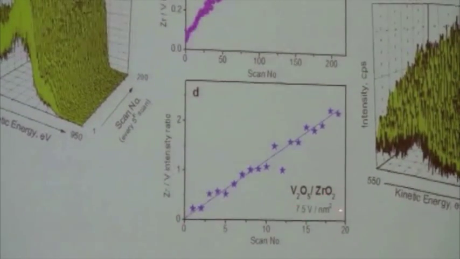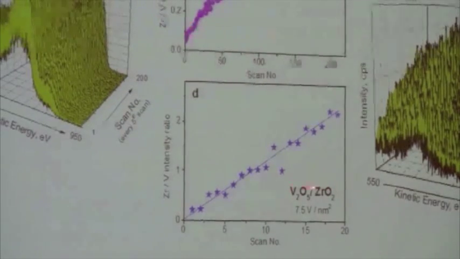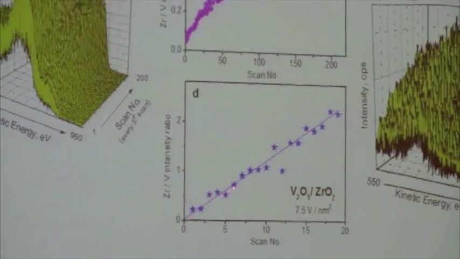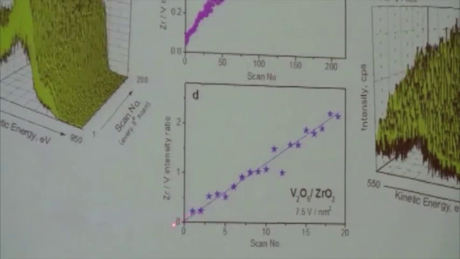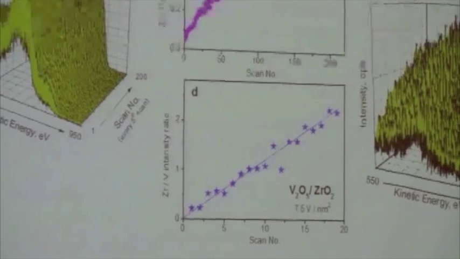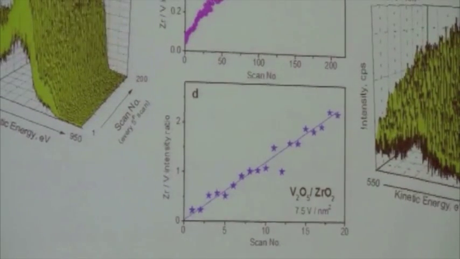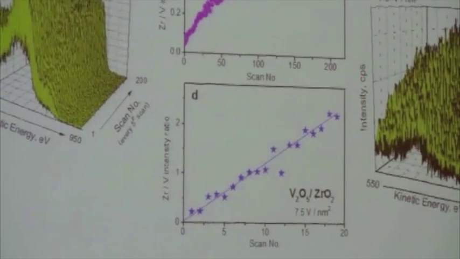So I have almost a monolayer of vanadium on the zirconia, and the reason this zirconia-vanadium ratio is increasing with the number of scans is I'm knocking away the vanadium from the first layer. I'm exposing the underlying zirconia. But the fact that it goes through or close to the origin tells me that I have initially a two-dimensional layer. So this is sort of my model system.